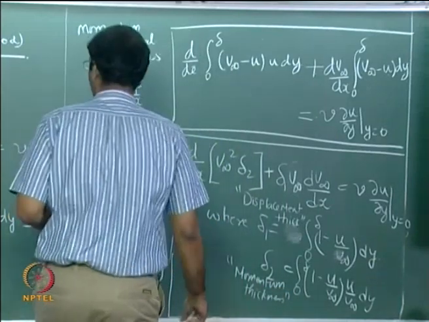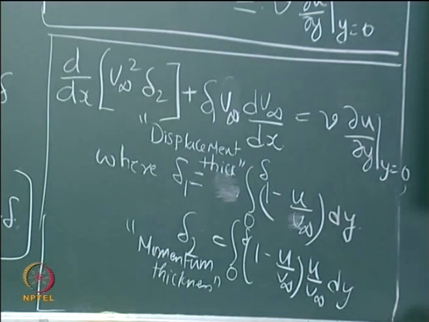I hope you have a good understanding of what is displacement thickness and momentum thickness from your incompressible flows. I am not going to go into an explanation for that now. These are not really measurable, this is what you have to understand.